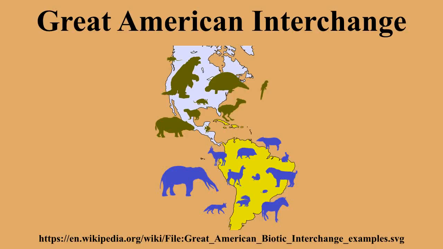Others who made significant contributions to understanding the event in the century that followed include Florentino Ameghino, W. D. Matthew, W. B. Scott, Brian Patterson, George Gaylord Simpson, and S. David Webb. Analogous interchanges occurred earlier in the Cenozoic, when the formerly isolated land masses of India and Africa made contact with Eurasia c. 50 and 30 Ma ago, respectively.